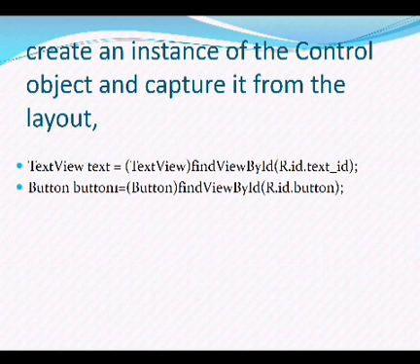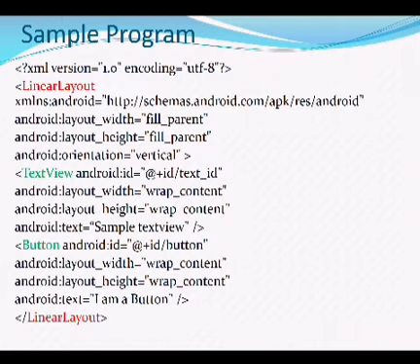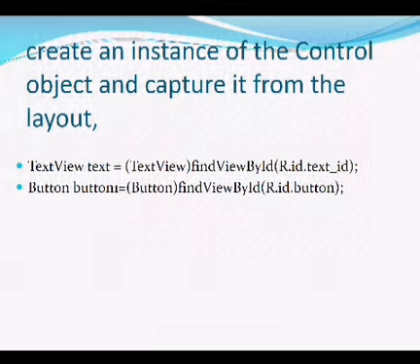This code is written in the Java file, that is the MainActivity.java file, to access those UI controls in the layout. So the TextView object text holds the value of the text view. The value of the text in the previous slide, android:text, is assigned as a sample text view, so this text is assigned to the text object that we see here.